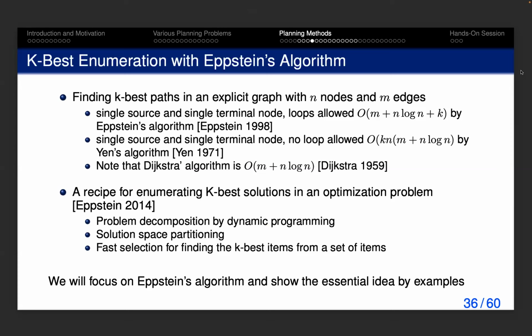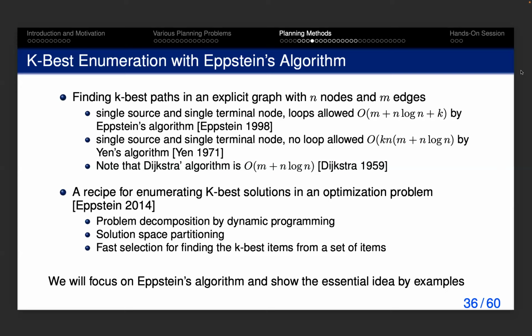There will be examples here, but let me just give a more conceptual overview of K-best enumeration with Epstein's algorithm. Regarding the complexity, finding K-best paths in an explicit graph, not an implicit graph, which means that you expanded everything, where you have n nodes and m edges, Epstein's algorithm returns paths with loops. It assumes that you have a single source and a single terminal node and costs are non-negative.